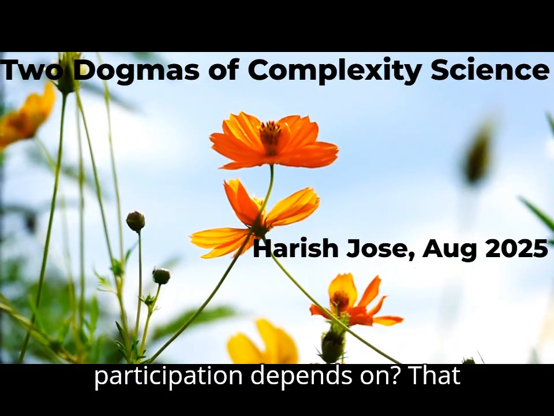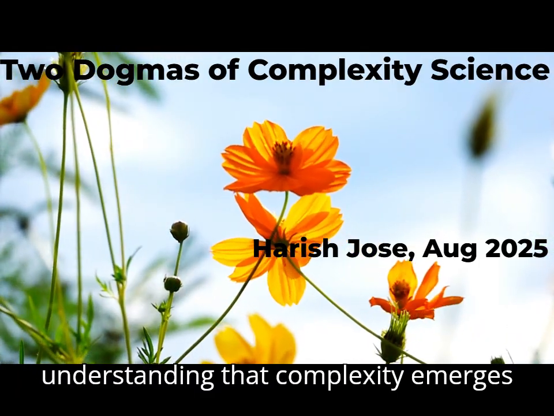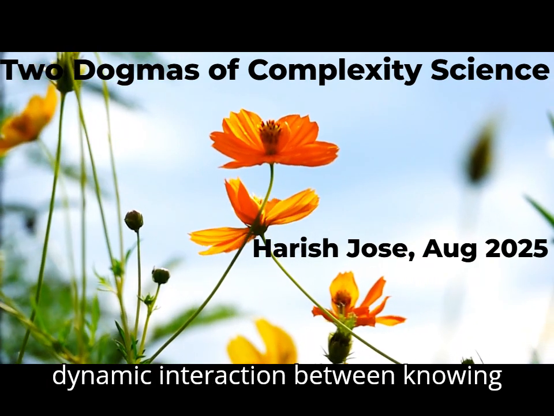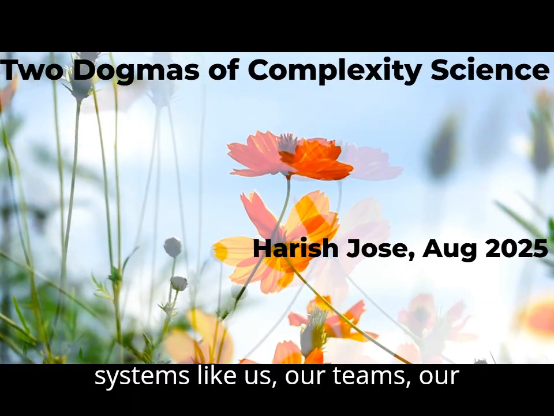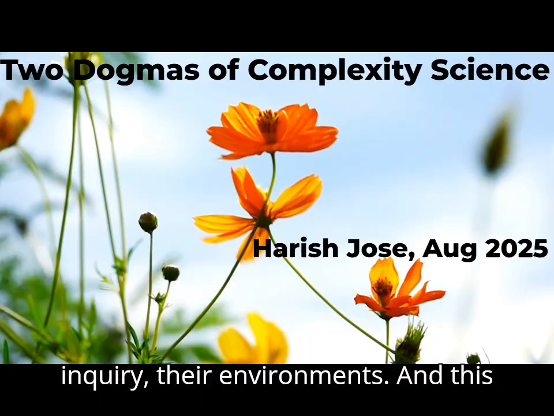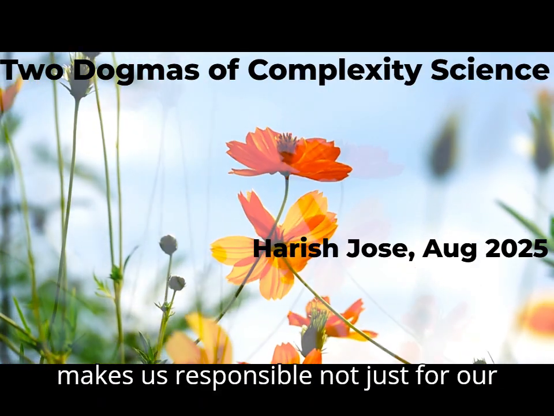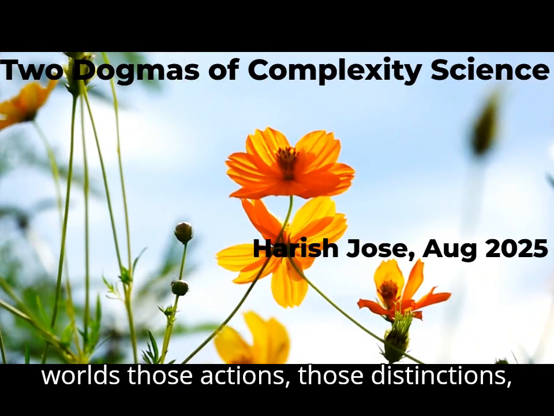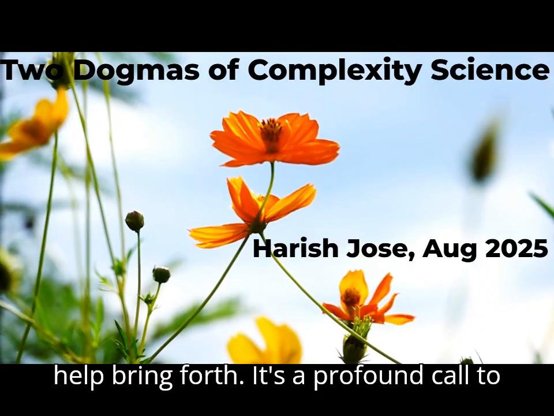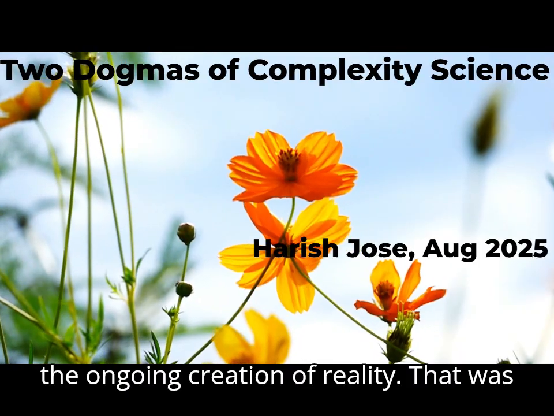And that participation depends fundamentally on understanding that complexity emerges from epistemic coupling, that recursive, dynamic interaction between knowing systems, like us, our teams, our organizations, and their domains of inquiry, their environments. And this understanding makes us responsible, not just for our actions in the world, but for the very worlds those actions, those distinctions, help bring forth. It's a profound call to conscious, reflective participation in the ongoing creation of reality.